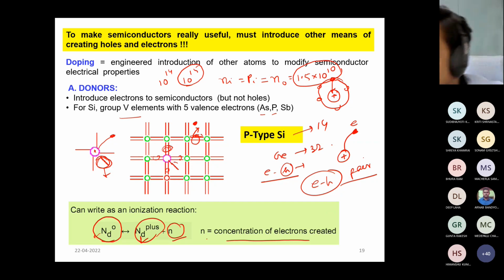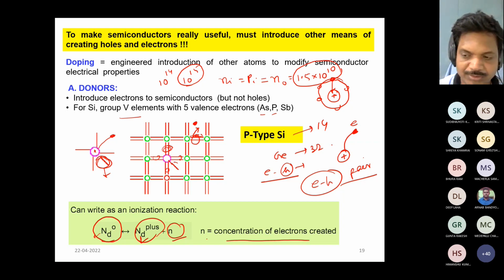Okay. So this mechanism will always be there in both intrinsic and extrinsic semiconductors, but for an extrinsic semiconductor, as the number of donor atoms is larger, they provide more electrons, or more charge carriers.